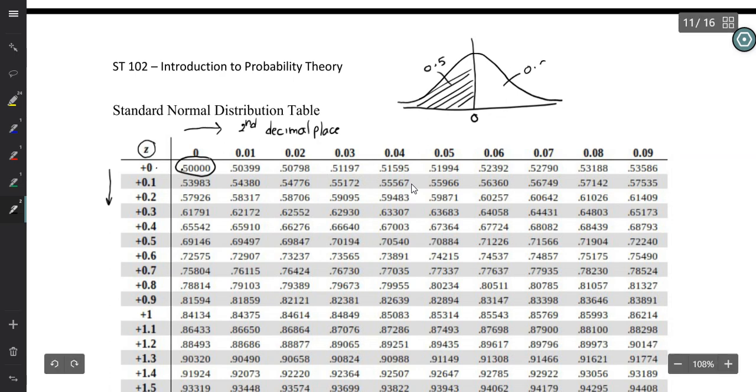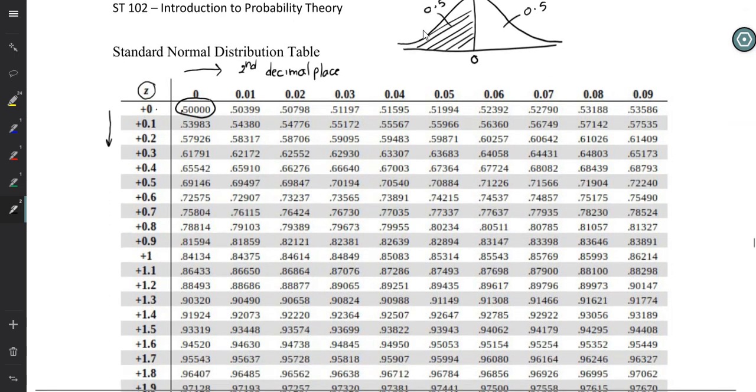So the other half will have the other 50%. So altogether you have 100%, or the total probability 1. So when you say z-score 0.0, under that you have the probability 0.5. That means the probability from the left tail up to the value 0 is 0.5.